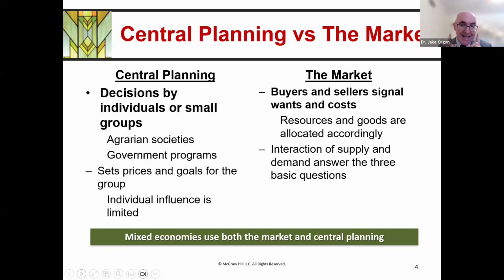And so the three basic questions in a market economy are answered by the interaction of supply and demand. Okay, now you probably think, in your mind, America is a market economy, and Cuba or North Korea or China are centrally planned economies.